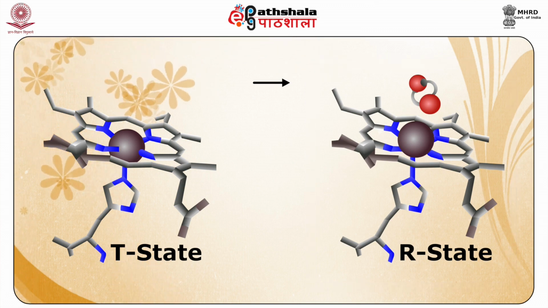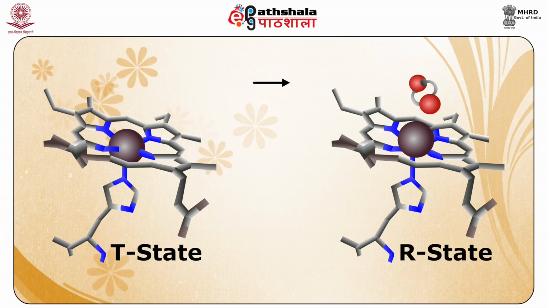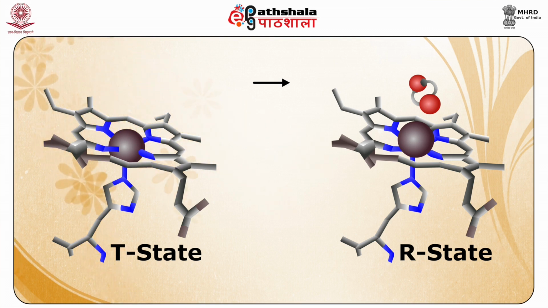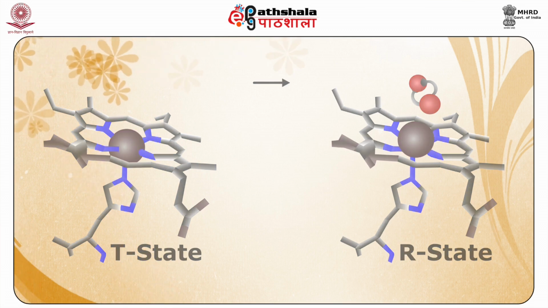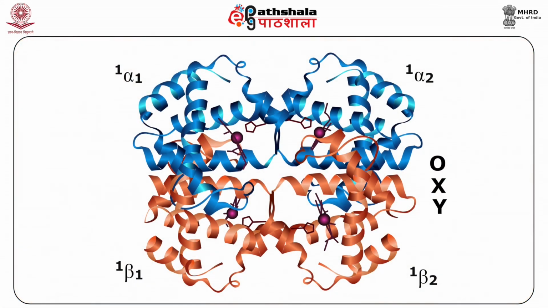The conformations of the individual polypeptide chains and their relative orientations are different in the T and the R states. Oxygenation rotates the alpha-1 beta-1 dimer in relation to the alpha-2 beta-2 dimer about 15 degrees.